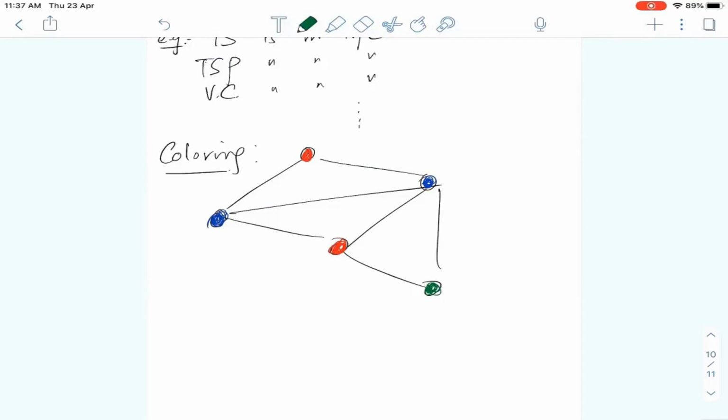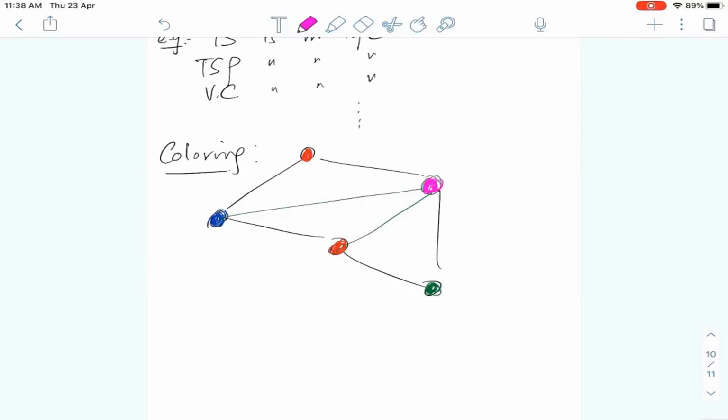Now there is a notion of a chromatic number of a graph. The chromatic number is the minimum number of colors that you require in order to produce a valid coloring of your vertices.